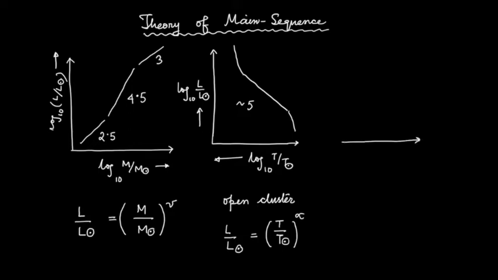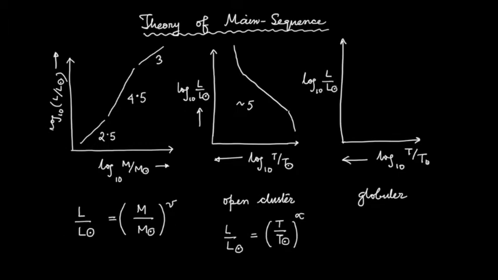And then we looked at an older cluster. I'm plotting the same HR diagram here, now for a globular cluster. Here we saw that the main sequence is depleted.